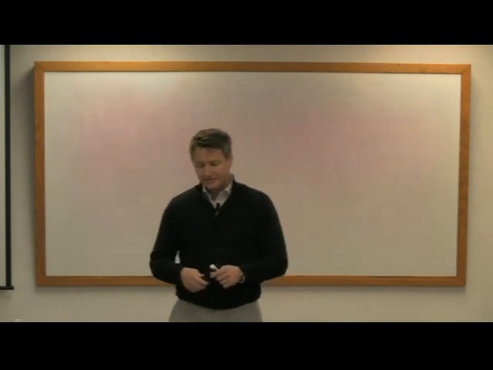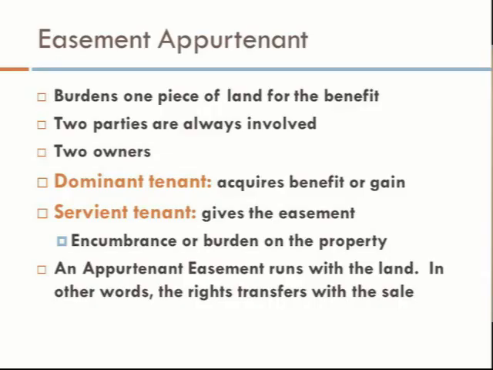First off, this easement appurtenant is where we have one piece of land that's burdened for the benefit of another.